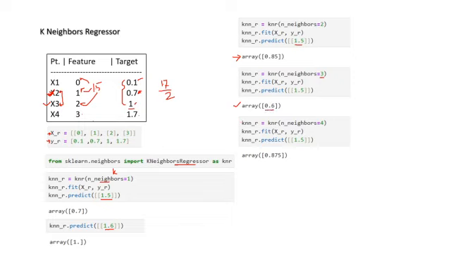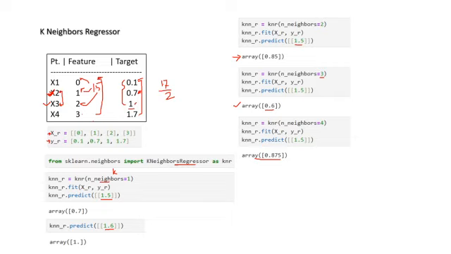This is your target value. And when we consider all the 4 neighbors, there is no choosing, all the 4 will be considered, and we'll take the average of all 4 of them, that is 1.7 plus 1 plus 0.7 plus 0.1, and what we get here is 0.875. You can take a screenshot and check in your free time whether what I'm saying is right.